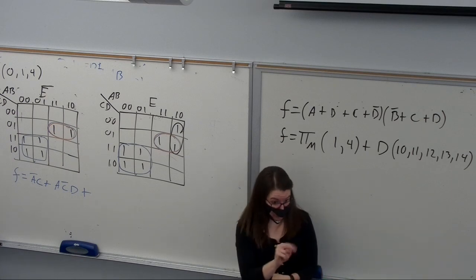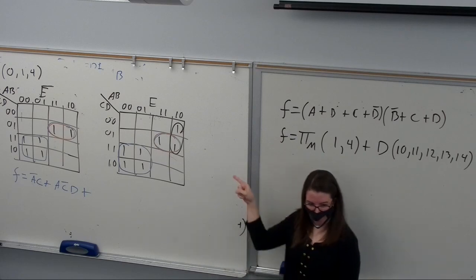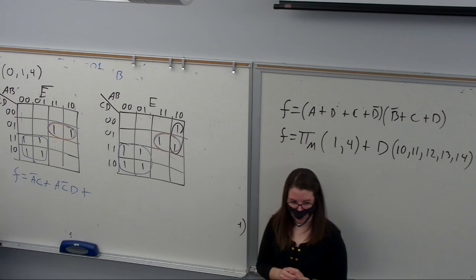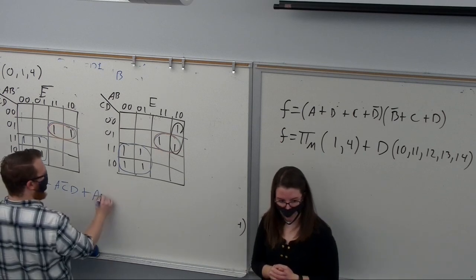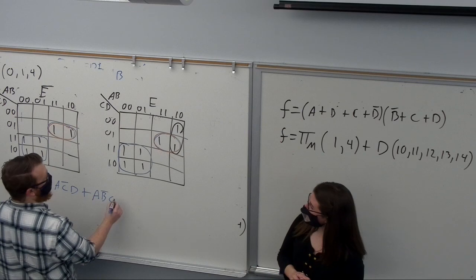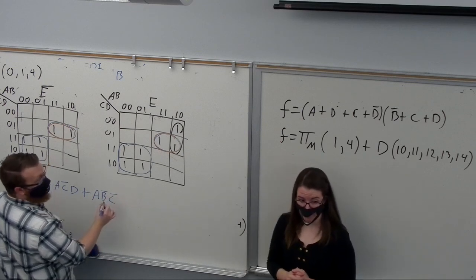Does Jason want to give a stab at the final implicant, the black implicant? I think it would be A, not B, and not C. What about E? What's the case for E?